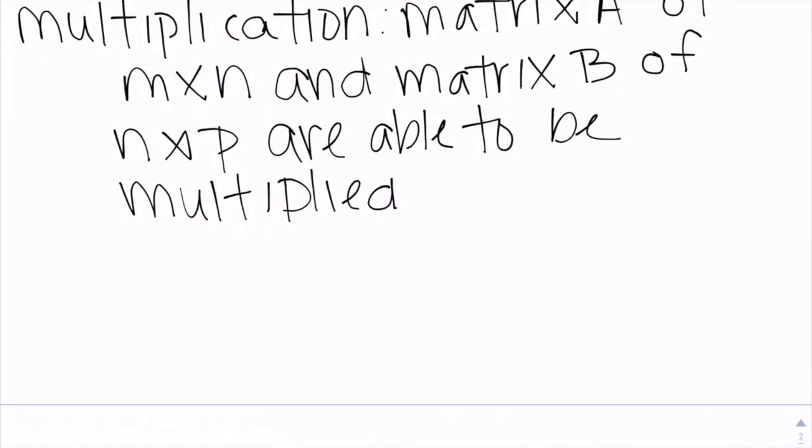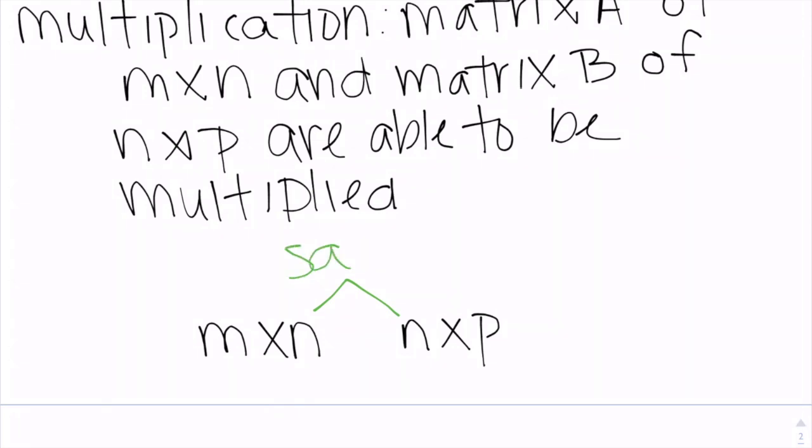And so if we take these dimensions and we write them down, so if we take matrix A, which was m by n, and we take matrix B, which was n by p, you're going to want to make sure that you notice that these two portions of the matrices are the same.